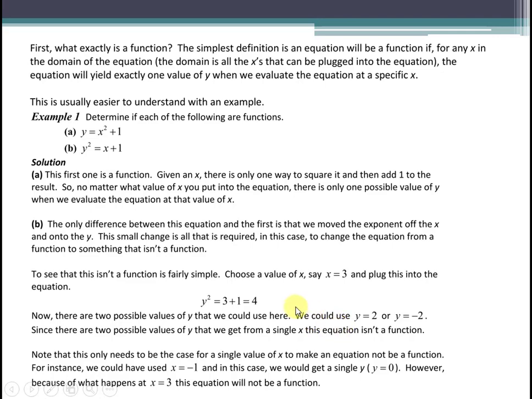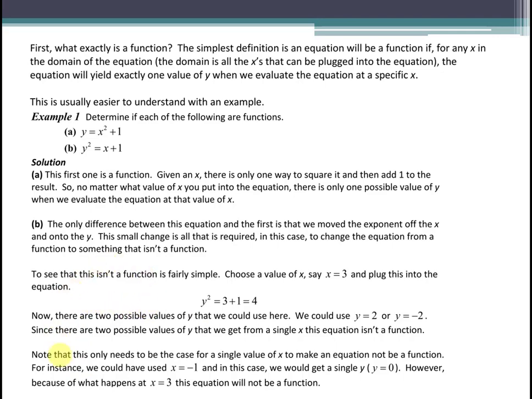The first one is 2. The second one is minus 2. So it does not satisfy our definition. There should be exactly one value of y when we evaluate the equation at a specific x. So in this case, it's not satisfied. That's why it is not a function.